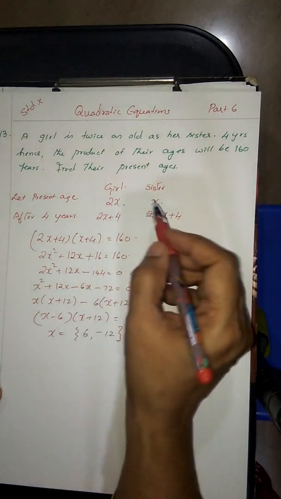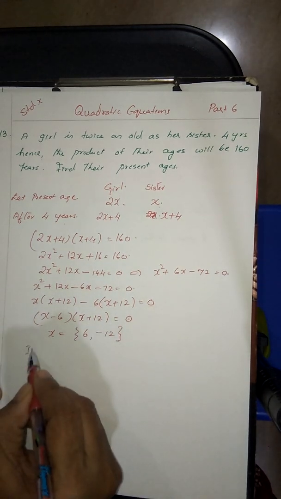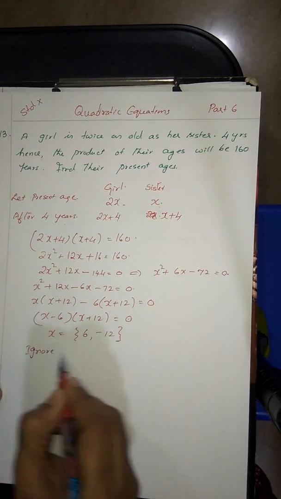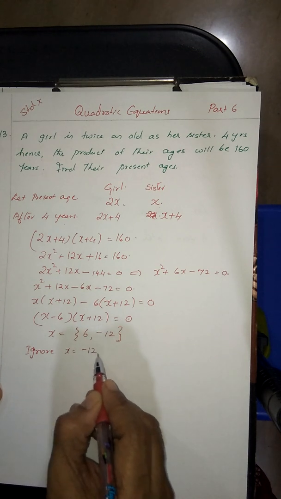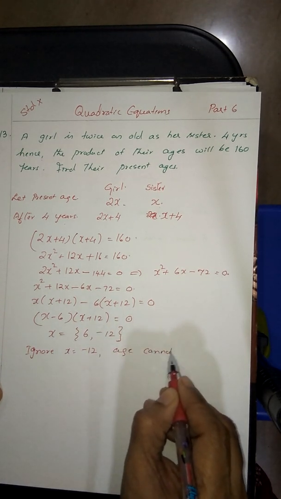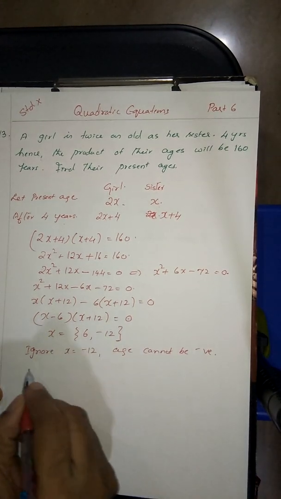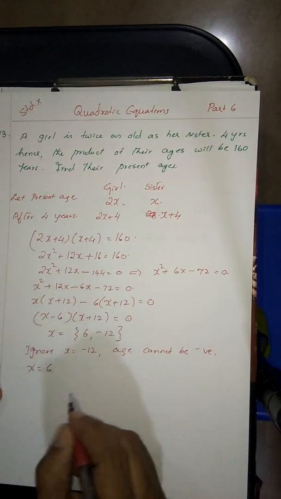Again, x is the age, it cannot be negative, so ignore x is equal to minus 12 since age cannot be negative. Now we will take x is equal to 6.